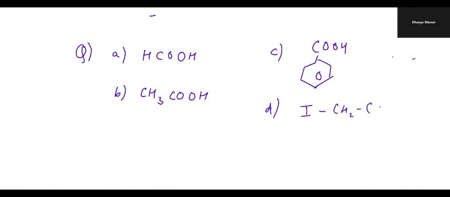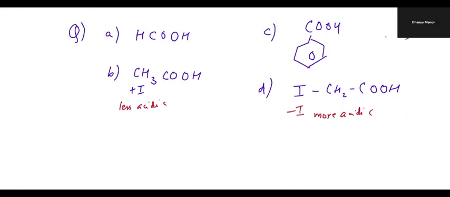Here there is plus I effect and here there is minus I effect. And we already know plus I effect means less acidic, minus I effect means more acidic. Here there is no effect.